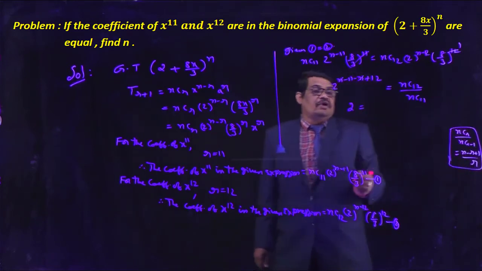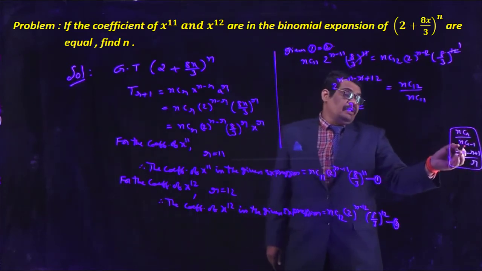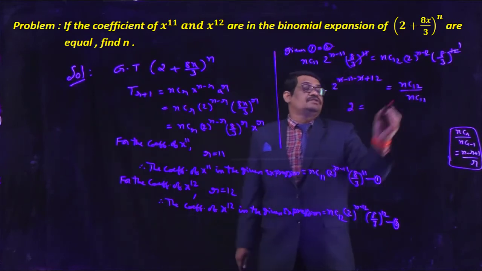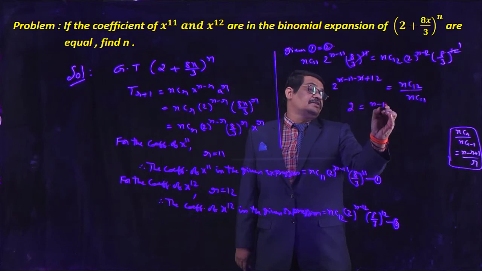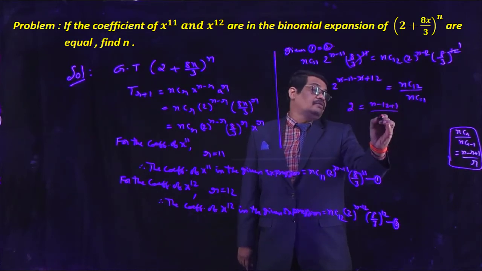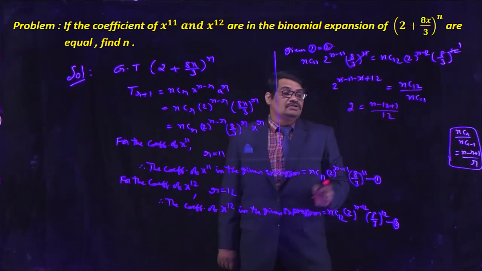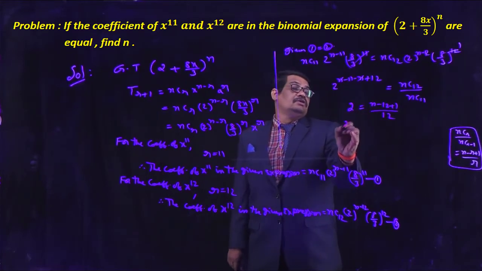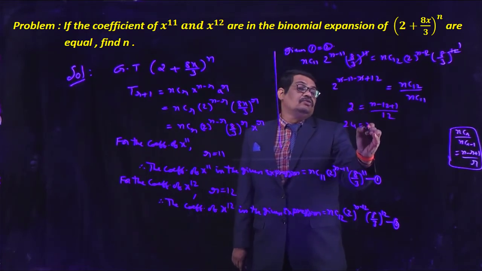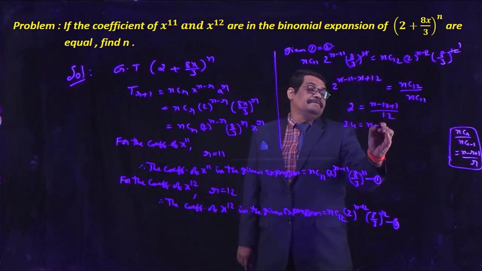So using this formula, nCr by nC(r-1), here r is 12 so r minus 1 is 11, that is (n - r + 1) by r. Here r is 12. So here 12 is moving to this side: 2 into 12, that is 24, is equal to n minus 11.